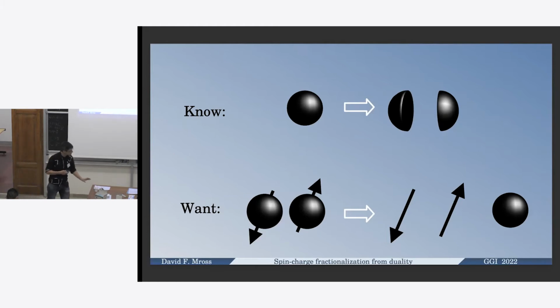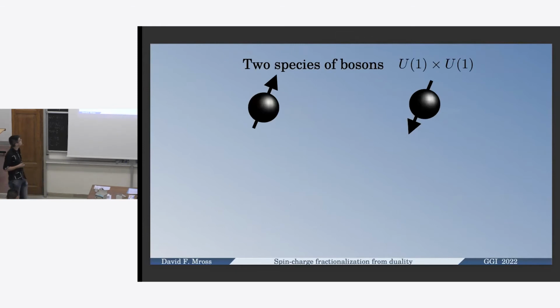Okay. So my starting point is I take 2 species of bosons, right? So I have 2 U1 symmetries, 2 conserved charges, the up species and the down species. And as a starting point, they will not talk to each other. They'll just be decoupled. So for each of those, I can apply what we already know separately.